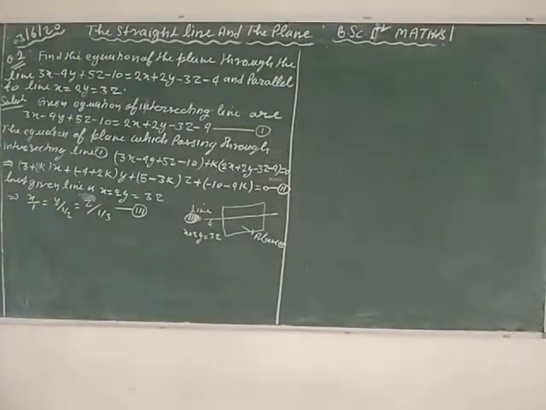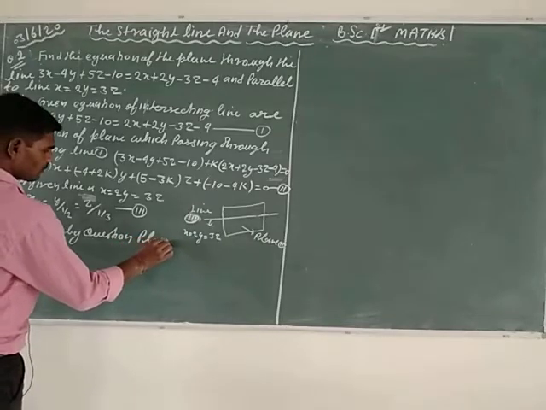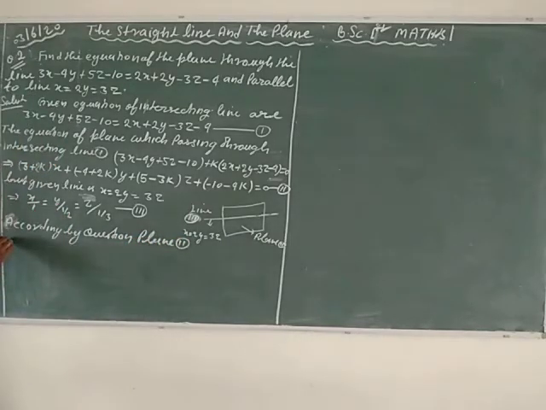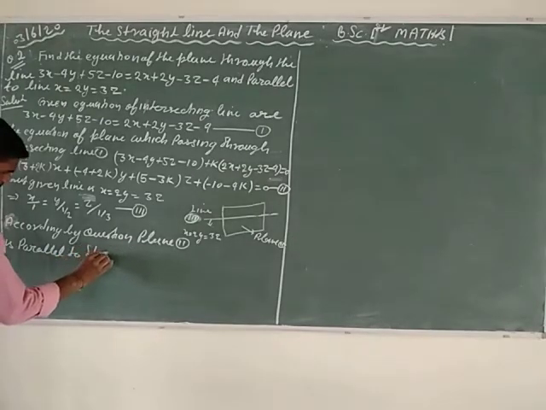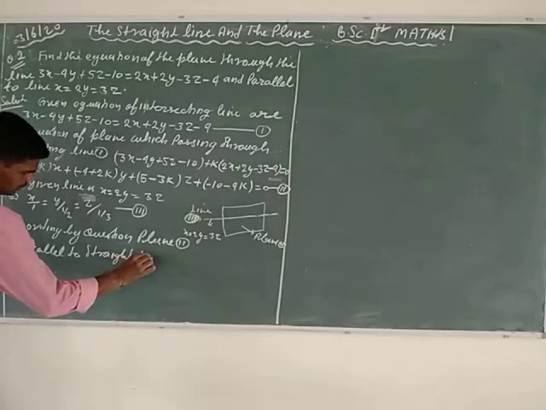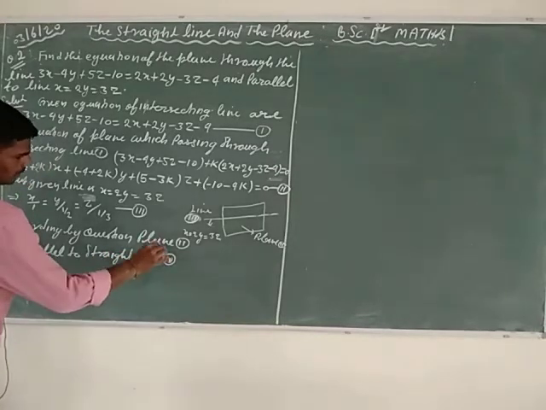So use this property. According to the question, plane second is parallel to the straight line, second, third.